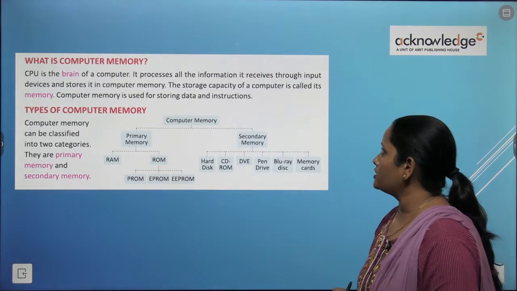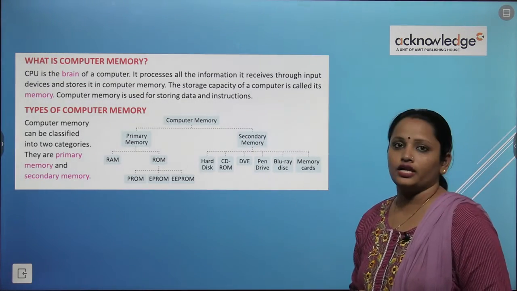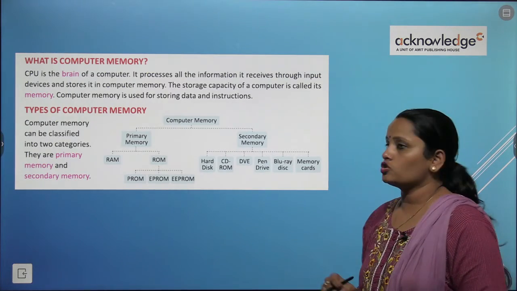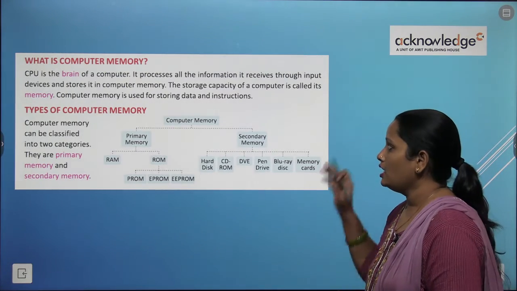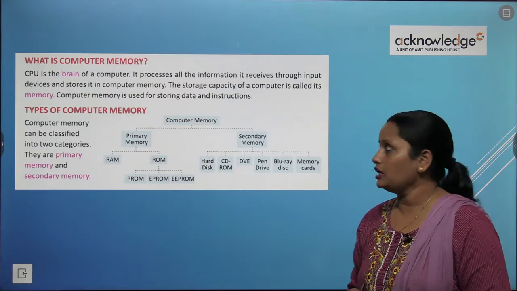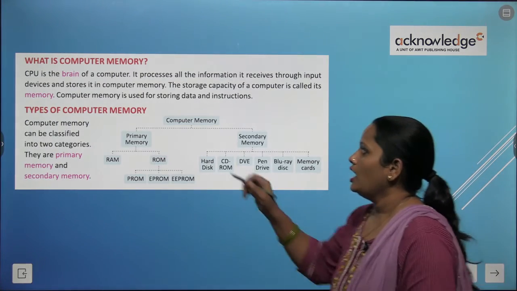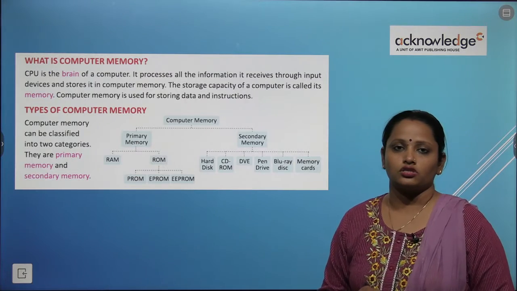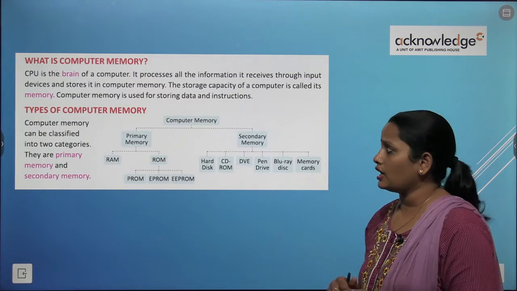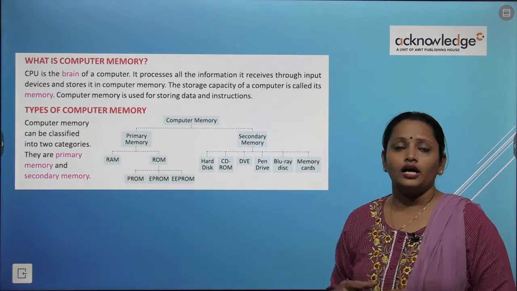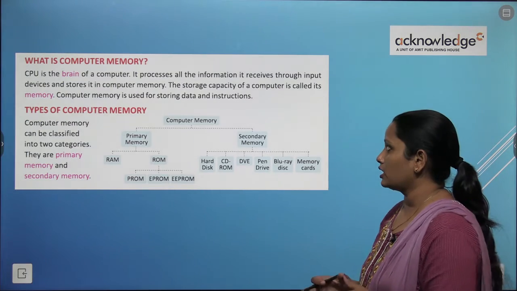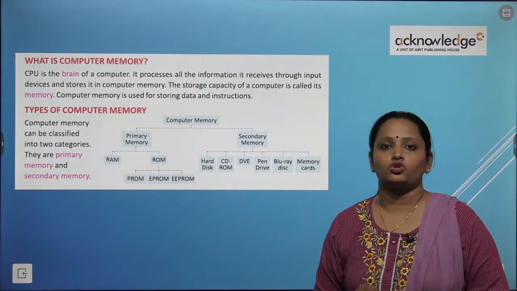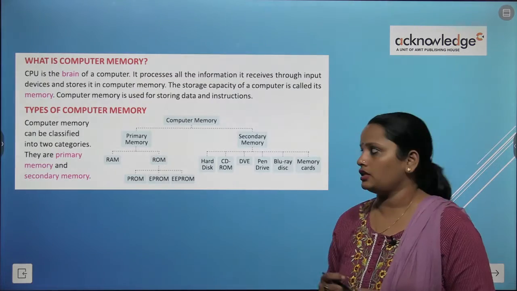The storage capacity of a computer is called its memory. कंप्यूटर के जो भी storage capacity है उसे कंप्यूटर मेमोरी कहा जाता है. Computer memory is used for storing data and instructions. So कंप्यूटर की जो मेमोरी होती है वो किस काम आती है? डेटा को स्टोर करके रखने के या फिर इंस्ट्रक्शंस को स्टोर करके रखने के काम आती है.